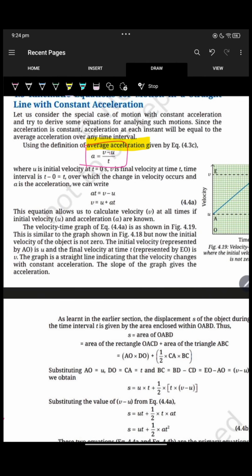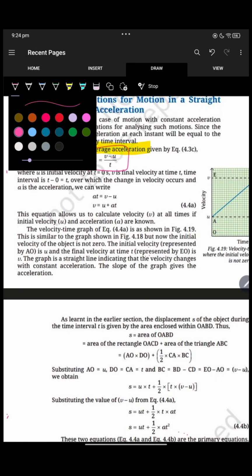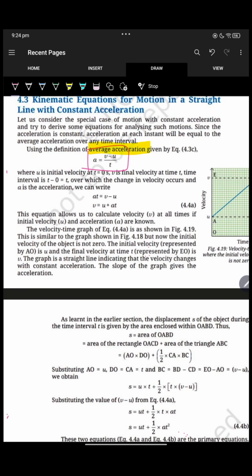Cross multiplying, we get a t is equal to v minus u. So we change the side and we can say v is equal to u plus a t.